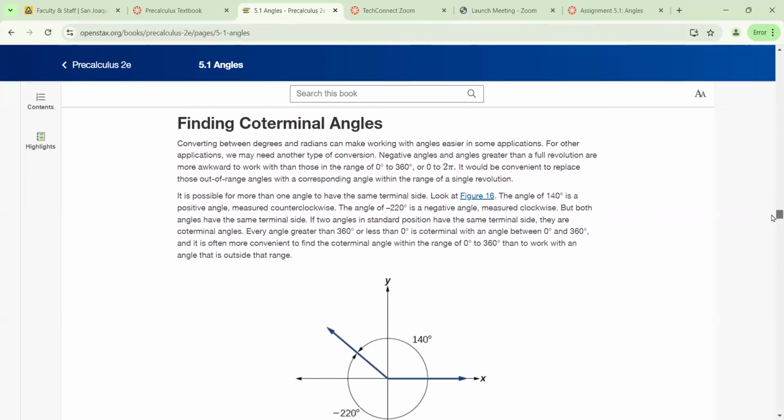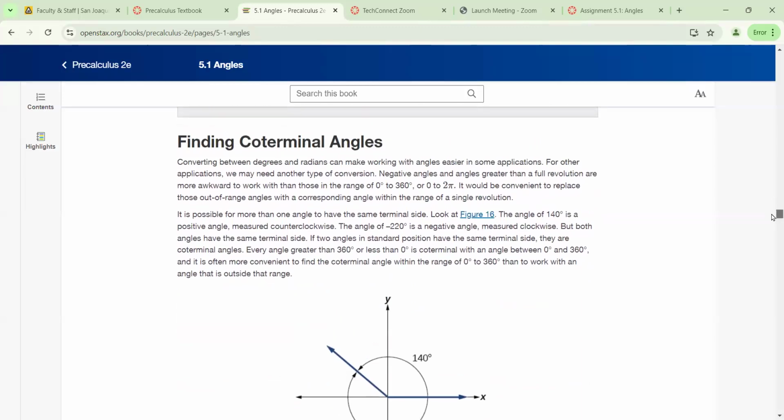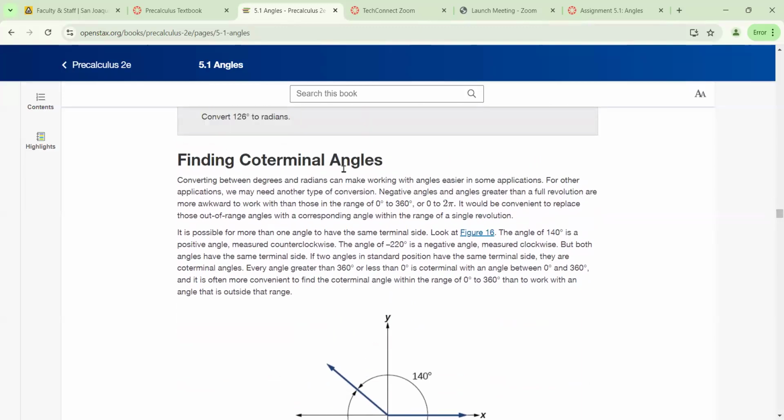This is important: understanding coterminal angles. Converting between radians and degrees can make working with angles easier in some applications. For other applications, we may need another type of conversion. Negative angles and angles greater than a full revolution are more awkward to work with than those in the range of 0 to 360.